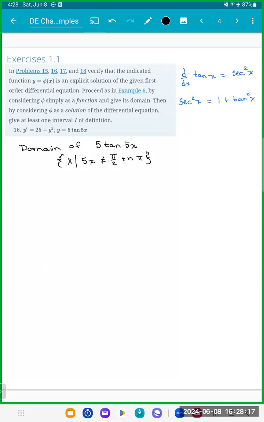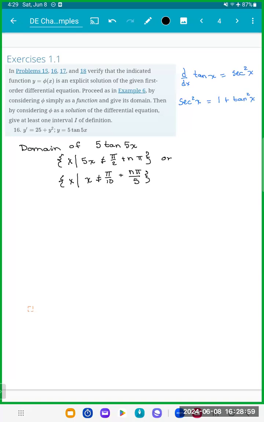Or if we wanted to have it in terms of x and not 5x, we could say x cannot be pi over 10, because all we're doing is dividing both sides of this equation by that 5 and getting x by itself. That means we can't have pi over 10 plus n pi over 5 as part of our domain either.